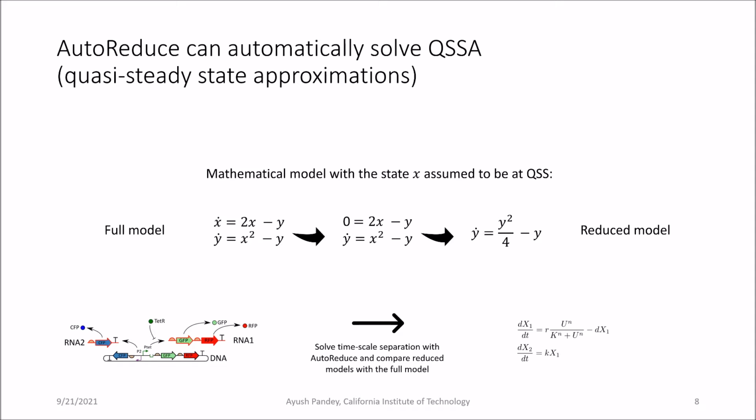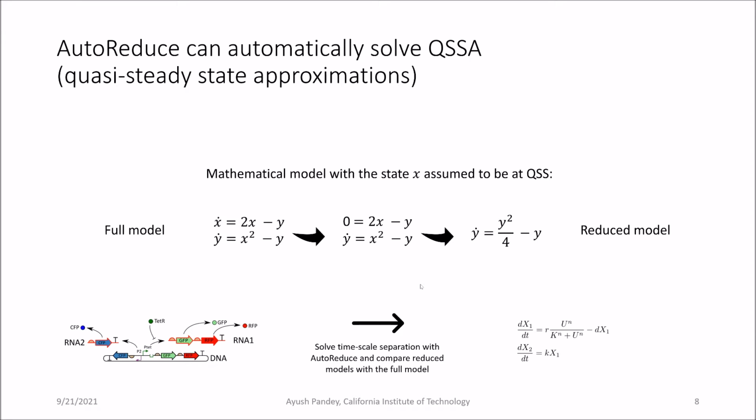So I can take advantage of that timescale separation by reducing the model, assuming the fast states to be at quasi-steady-state. That is what I mean by timescale separation: you reduce out the fast dynamics and retain the slow dynamics.